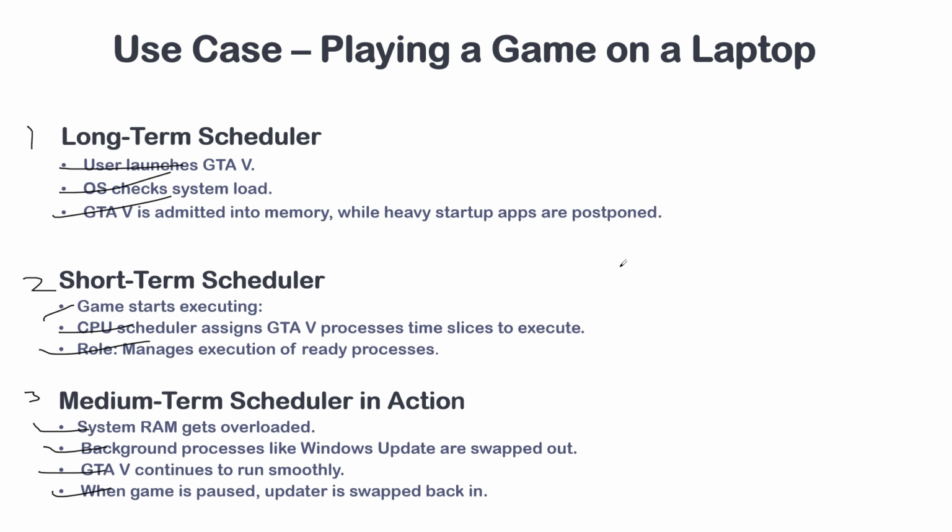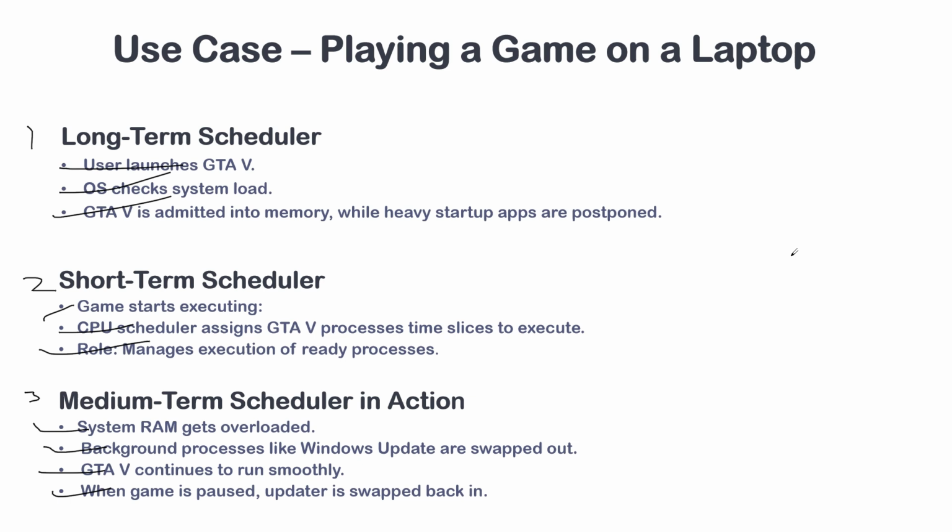Now, what will the medium-term scheduler do? Due to the heavy task of running GTA 5, other tasks were paused. When I switch off or pause the game, it will be swapped to the disk.